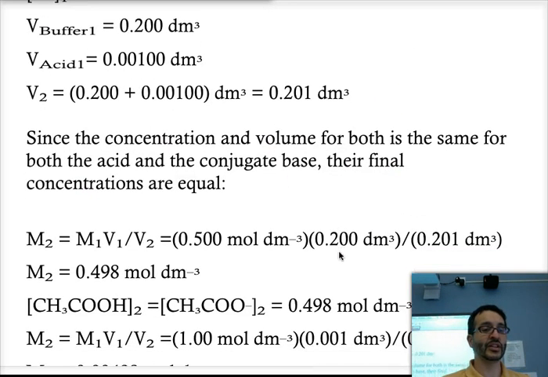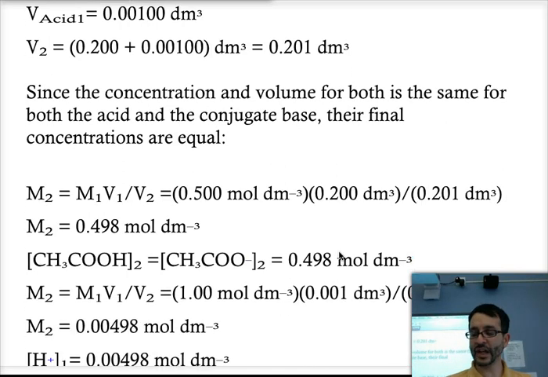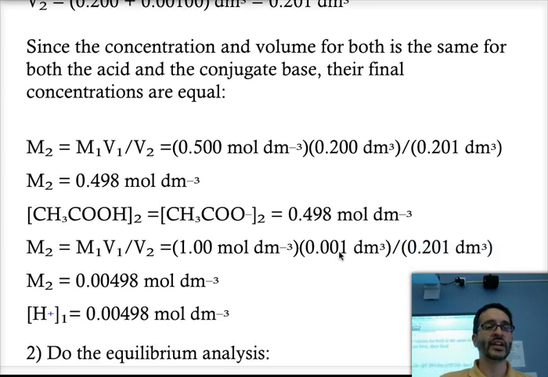So let's look at those calculations very quickly. And again, you have those in your data booklets or in the handout that I gave from class, so you can follow along. We are calculating the new concentrations of the acid and the conjugate base. I call them concentration 2, because it's not the same as the initial concentration.